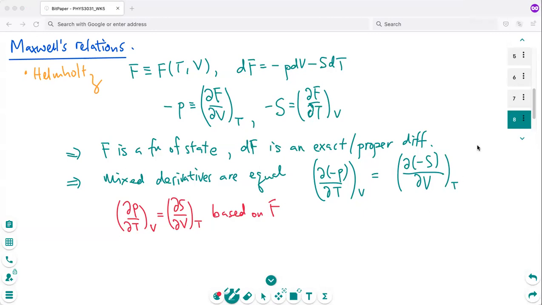So that is why I say you will have a lot of new tools in your toolbox.